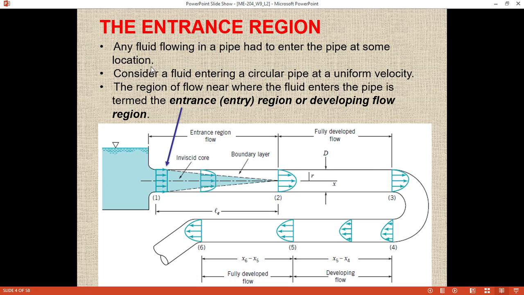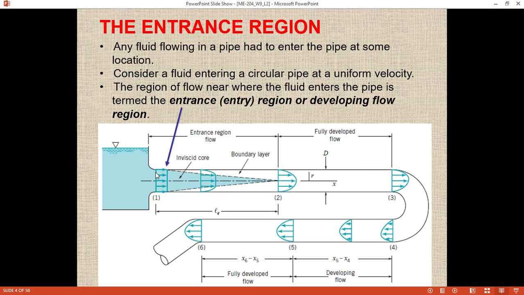Any fluid flowing in a pipe has to enter the pipe at some location. This is a reservoir and there is a pipe connected with it, and the fluid is entering the pipe at this point. Consider a fluid entering a circular pipe at a uniform velocity.